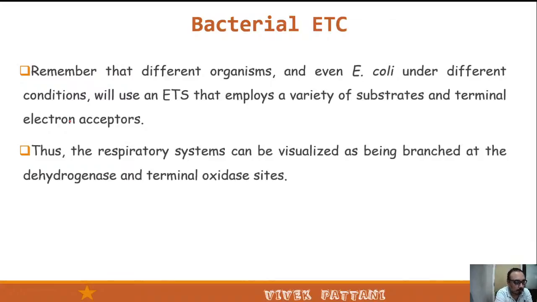Because some of the bacteria are autotrophs, some are facultative anaerobes, some are pure aerobes, and some are obligate anaerobes. So there is a wide variety in the requirements of the bacteria, which leads to the use of different substrates and different terminal acceptors according to the need of the cell.